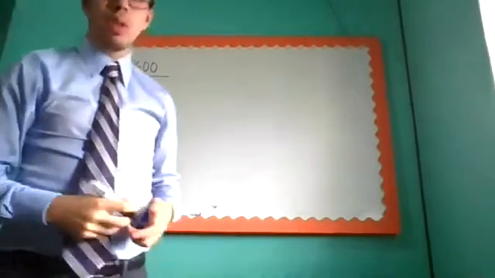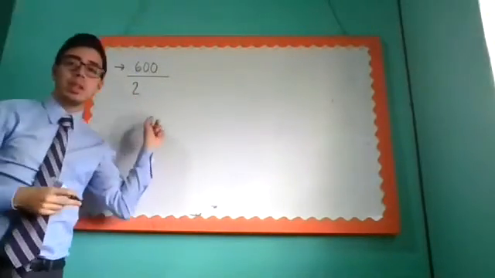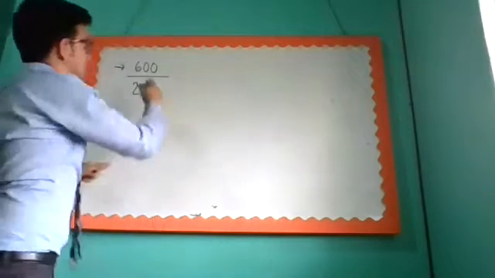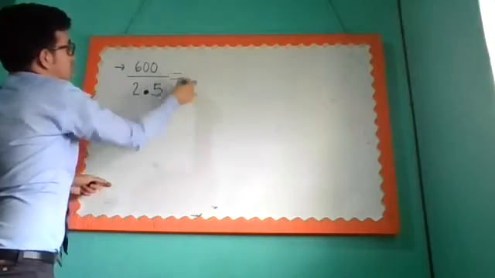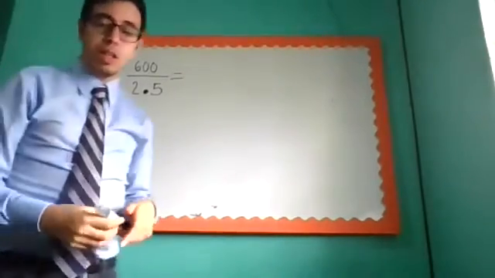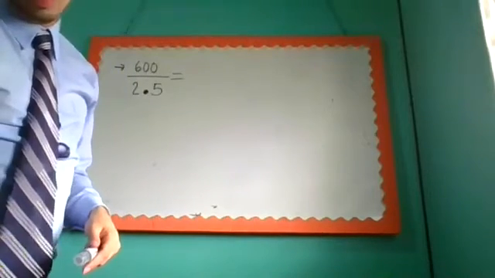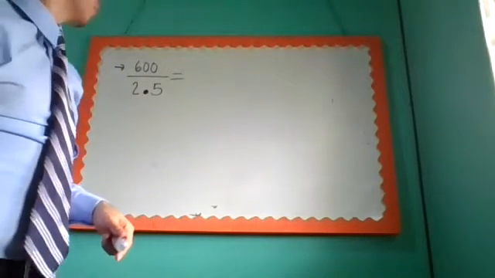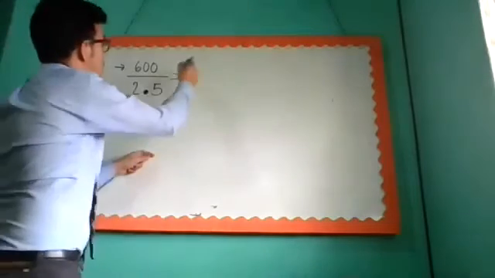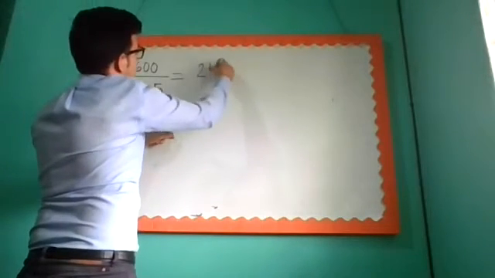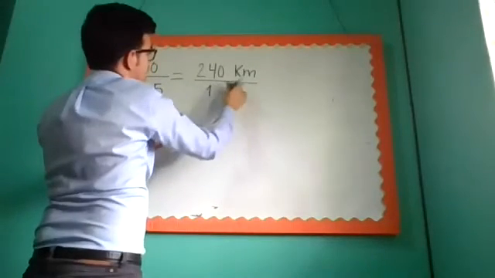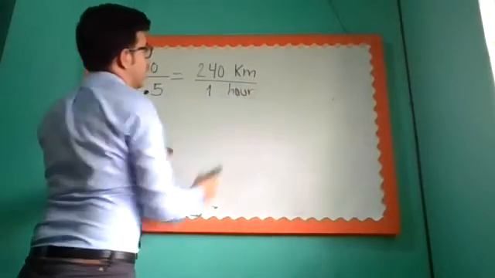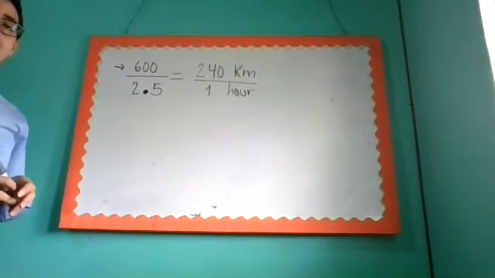How many is 2.5 hours? It's 2.5 because the 1/2 is 0.5, remember? So for the train from the United States, 600 divided by 2.5, we obtain 240 kilometers in how many hours? 1 hour, right? 240 kilometers in 1 hour.